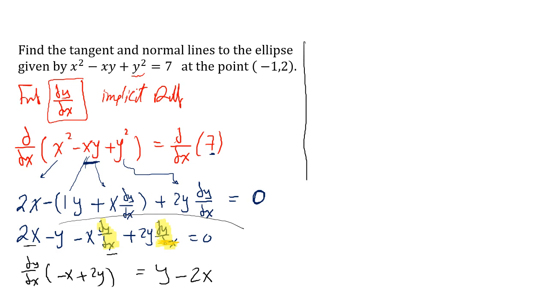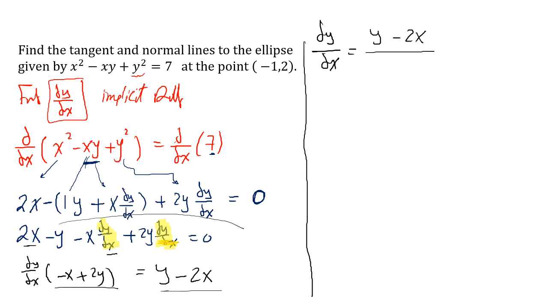So I can say that after dividing both terms by negative x plus 2y, dy by dx is equal to y minus 2x divided by 2y minus x. This is the derivative of the function y with respect to x for this ellipse.